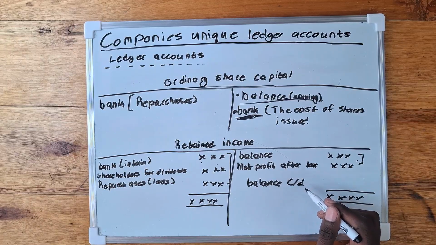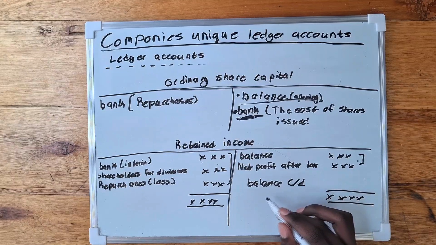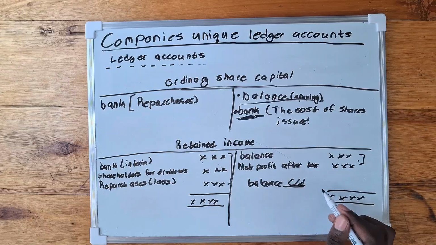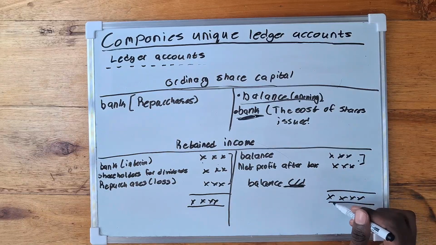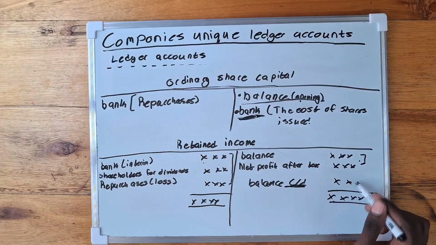At university level, you'll probably say carry forward. But since you're in matric and you are watching this video, make sure to indicate it as carried down. The biggest amount minus the smallest amount gives you a difference, which you'll get here.